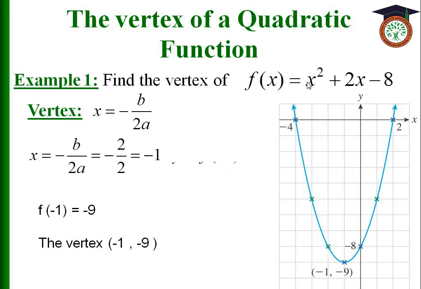So here we have negative 1 squared gives 1, plus 2 times negative 1 gives negative 2, minus 8. The result is going to be negative 9. So the vertex is x negative 1 and y negative 9. This is the vertex.